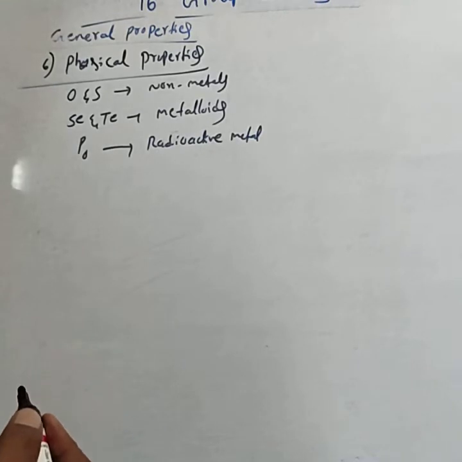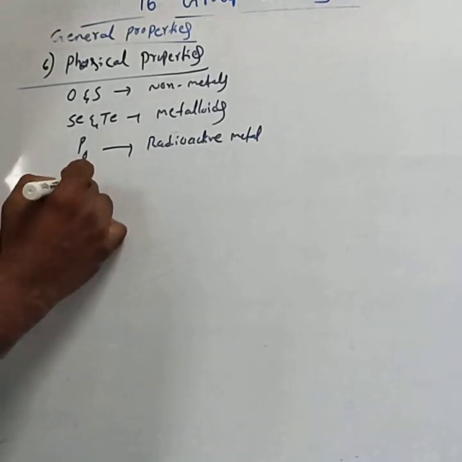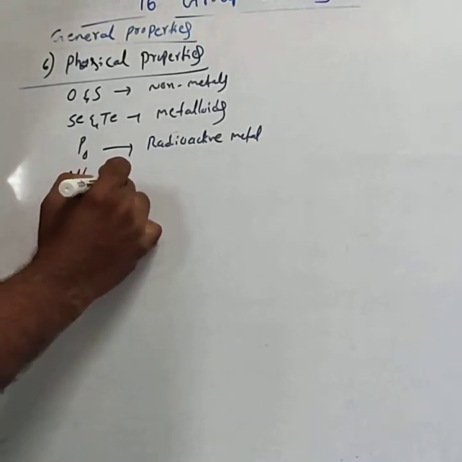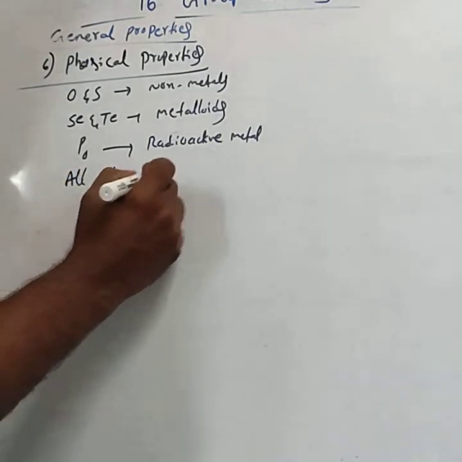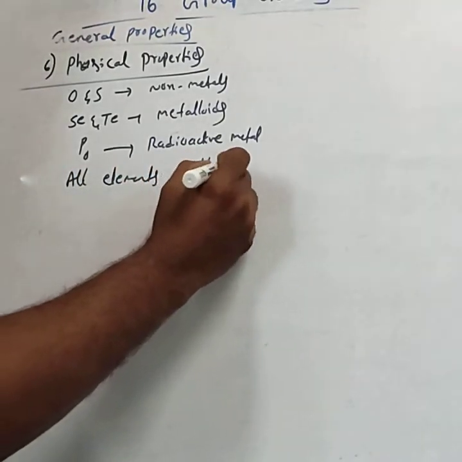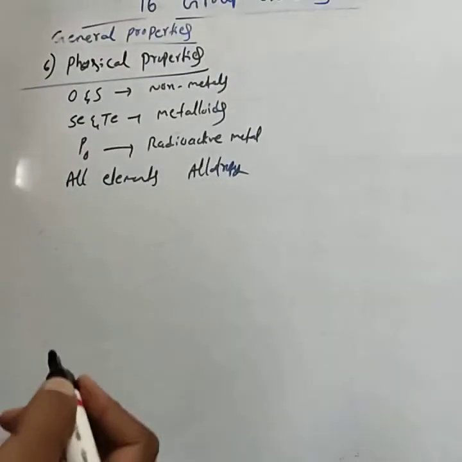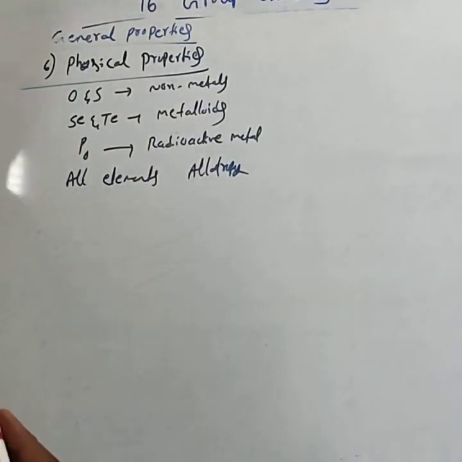Polonium is a radioactive element. Then all the 16th group elements show allotropy.